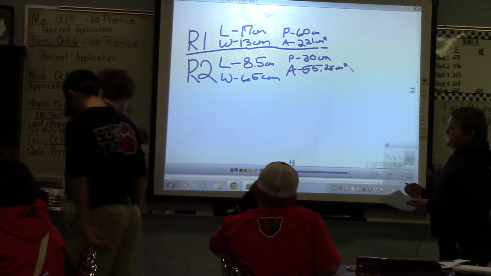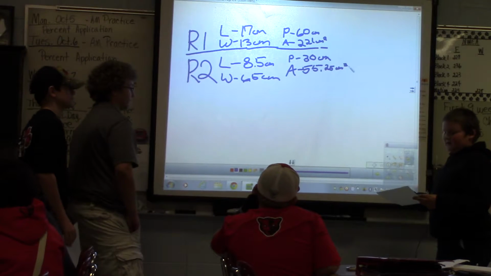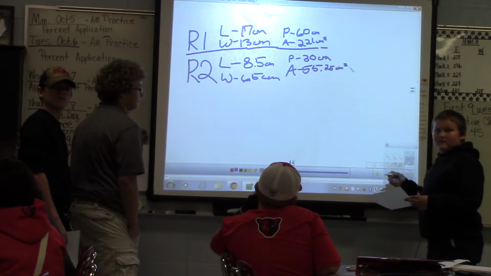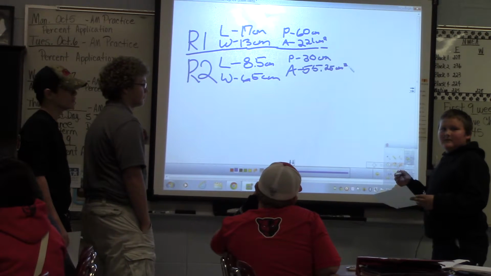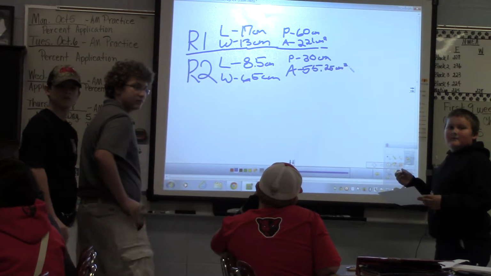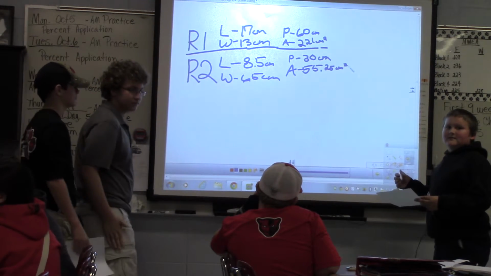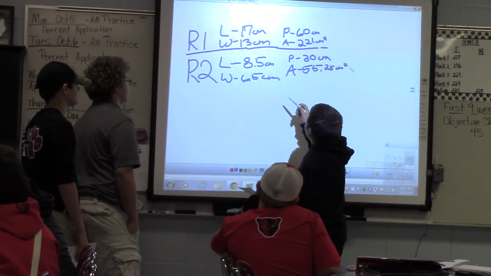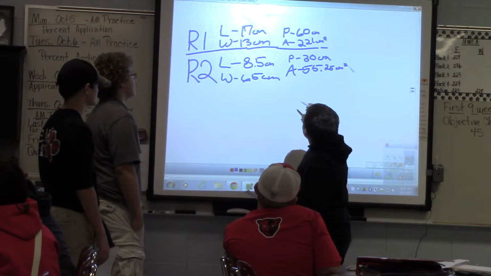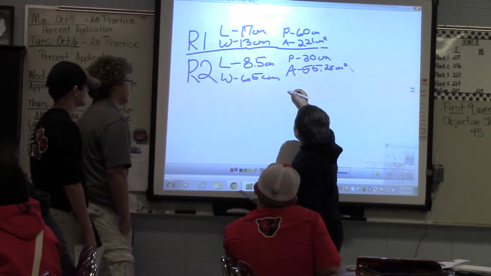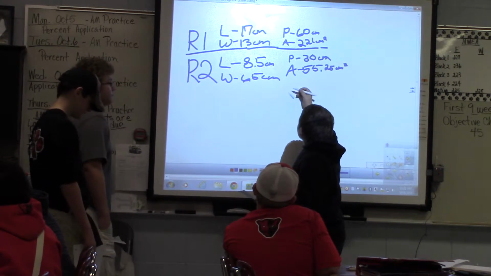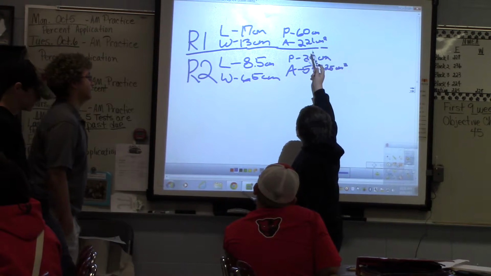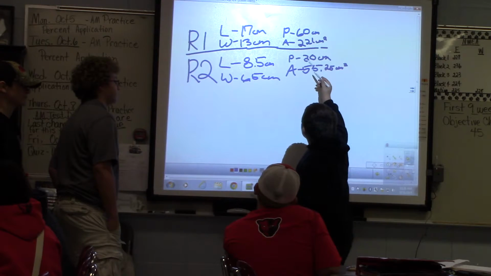Question 5 was, did both the area and the perimeter increase the same? For the perimeter, it increased by 2. You would multiply 30 by 2 to get 60 centimeters.